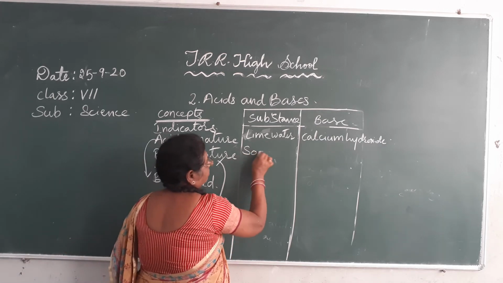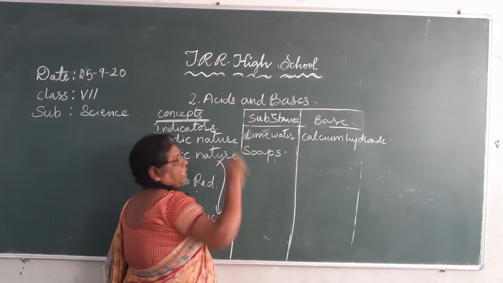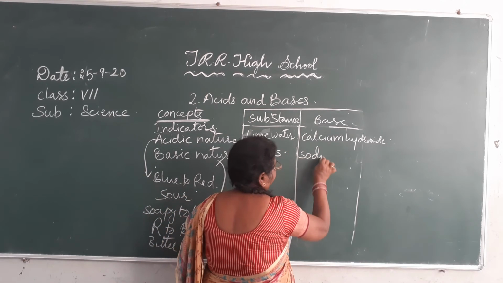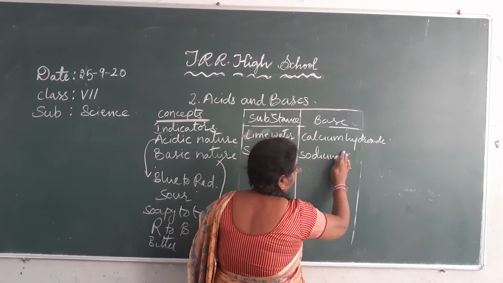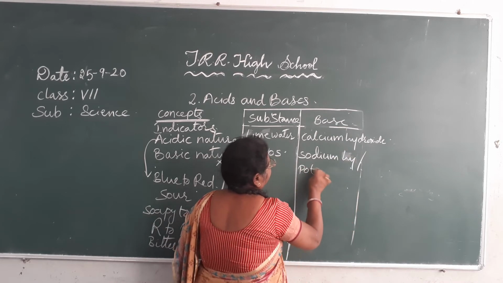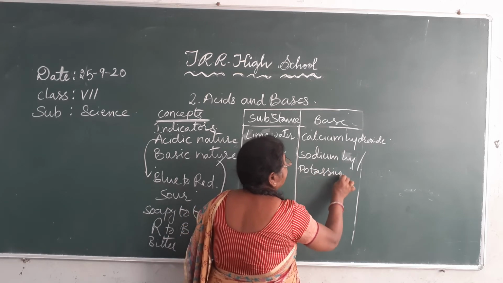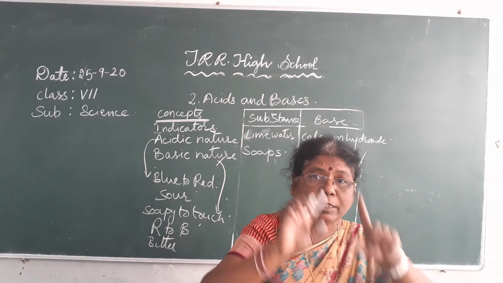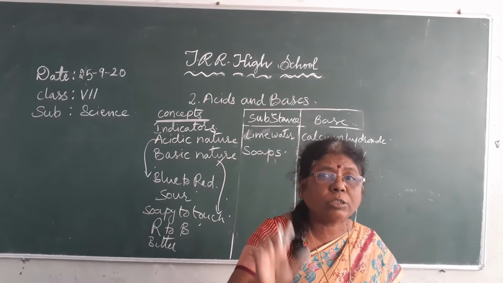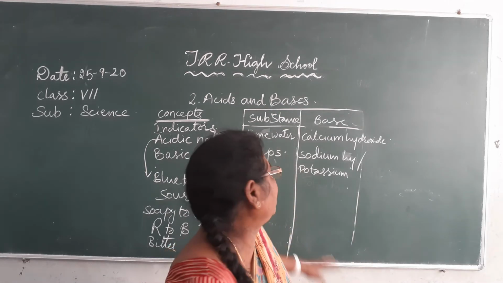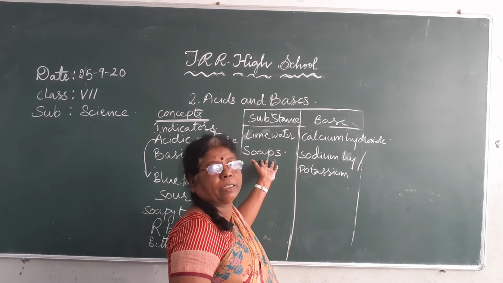Soaps contain sodium hydroxide and potassium hydroxide. Go through these ingredients on the wrapper of the soaps. Find out the ingredients on the cover, and you will get what they use for making these soaps. Okay.